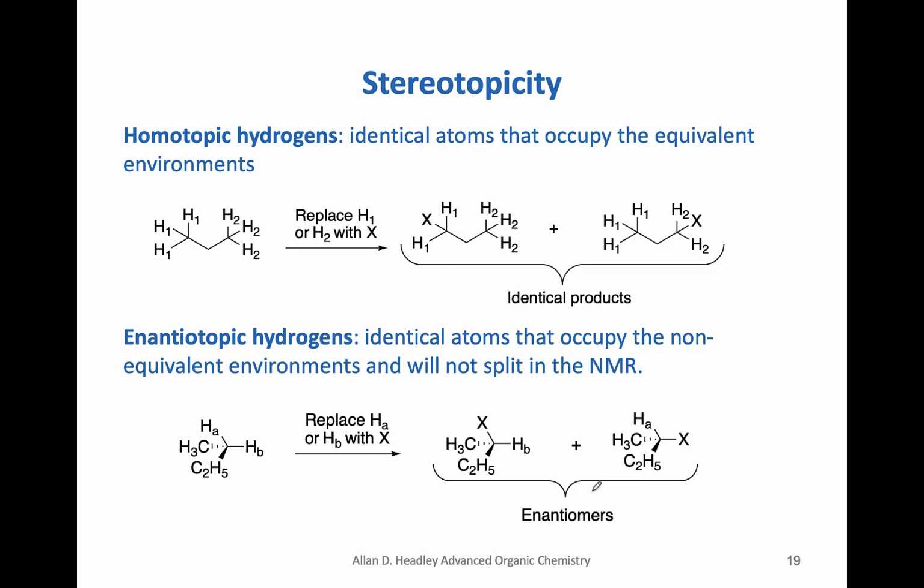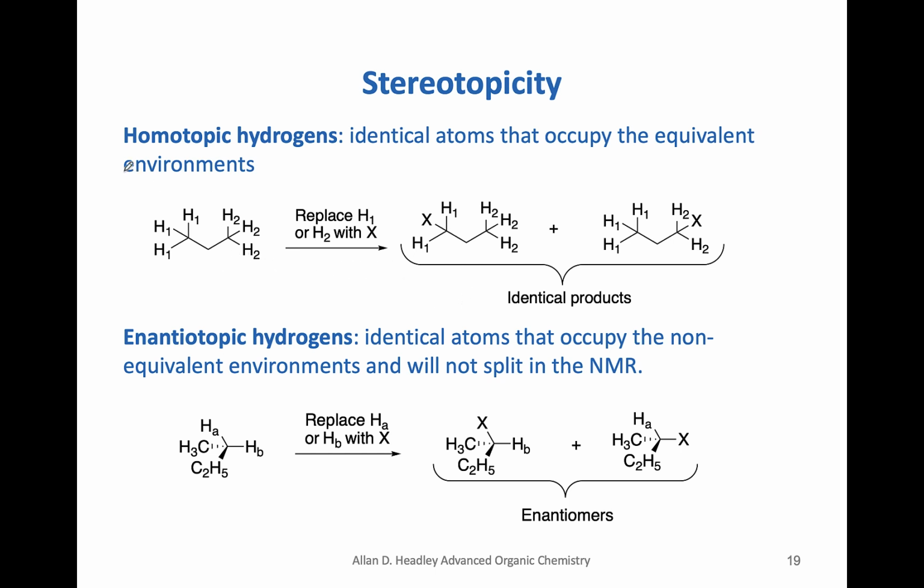Lastly, let's look at another topic here, and it's stereotopicity. This is important, as we'll see later on, whenever we start analyzing NMR, nuclear magnetic resonance spectroscopy, of molecules that have hydrogens that seem to be equivalent.